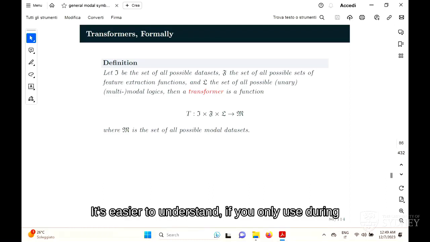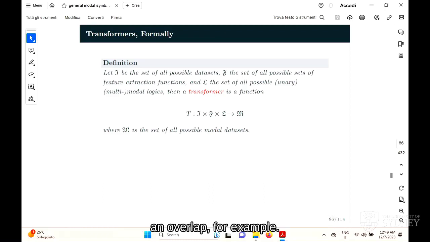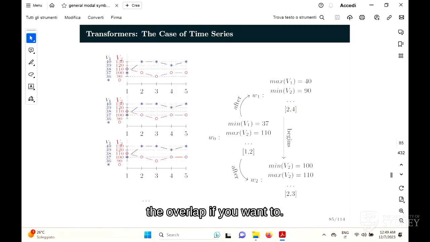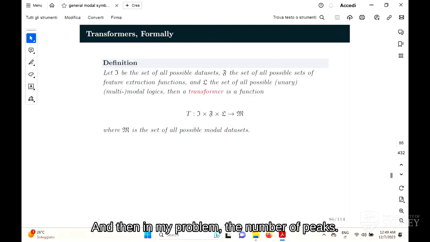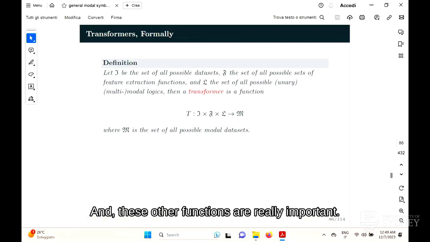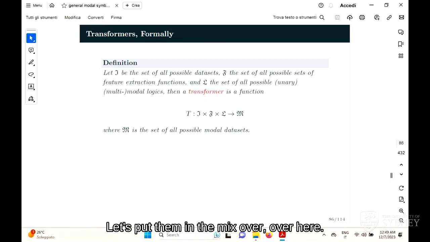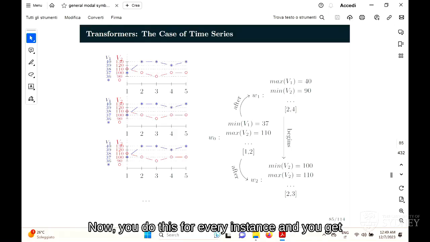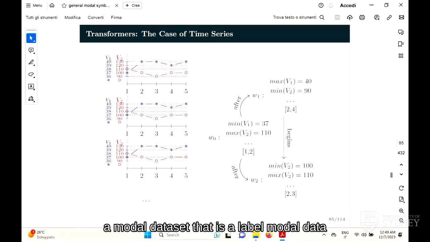It's easier to understand if you only use during and overlap, for example. So let's only label using during and overlap. And then in my problem, the number of peaks and these other functions are really important. Let's put them in the mix over here. Let's put everything together to get one thing that looks like this. Now you do this for every instance, and you get a model data set.